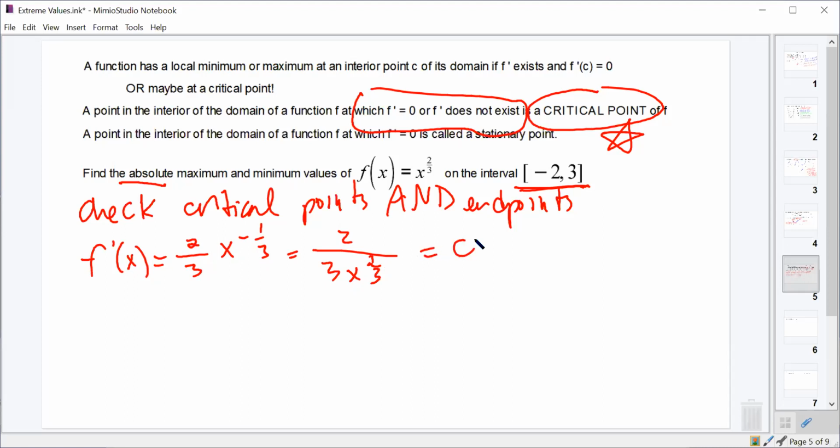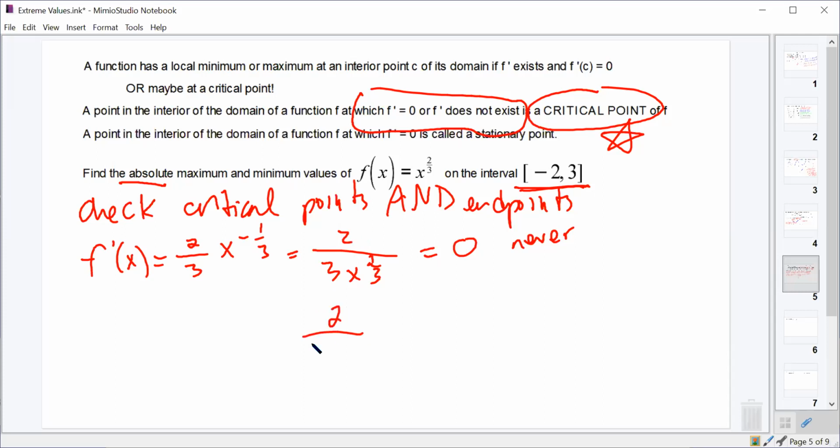All right. When does that derivative equal 0? Never, right? The answer is never. It never equals 0, because in order for a fraction to equal 0, the numerator would have to be 0, and 2 is never 0.